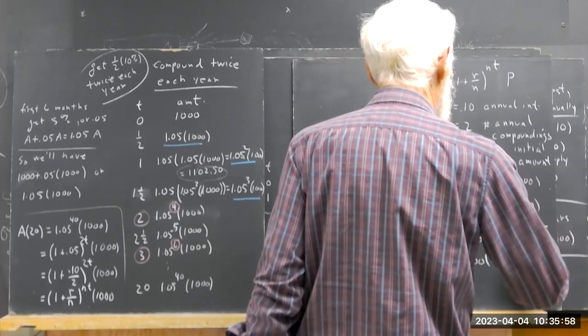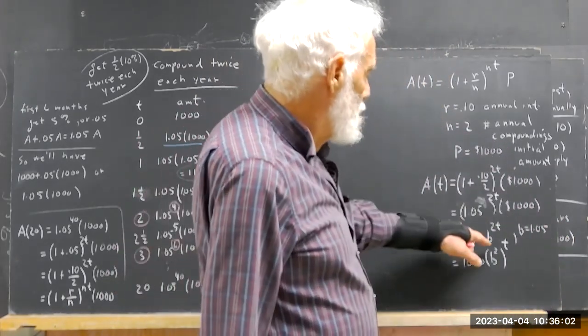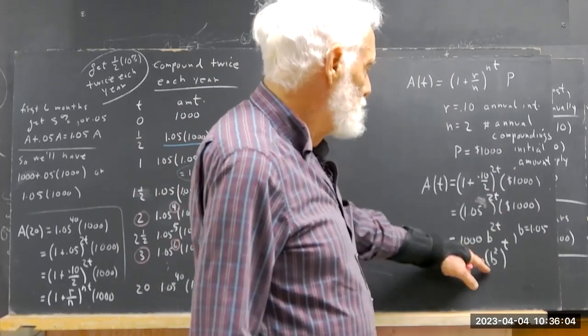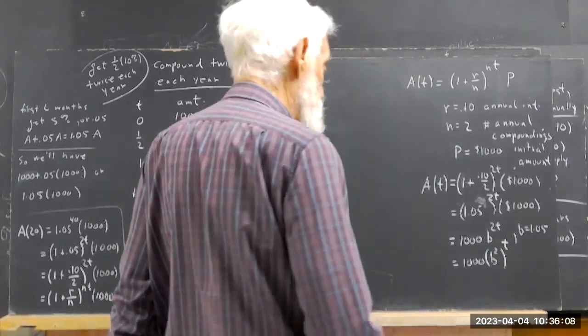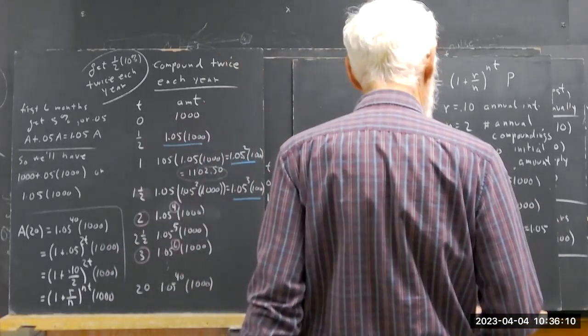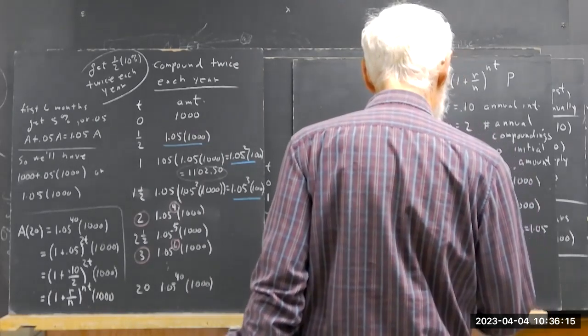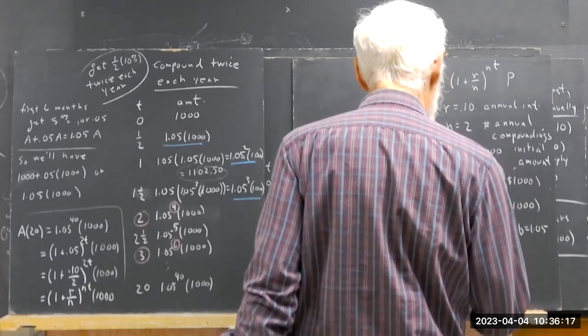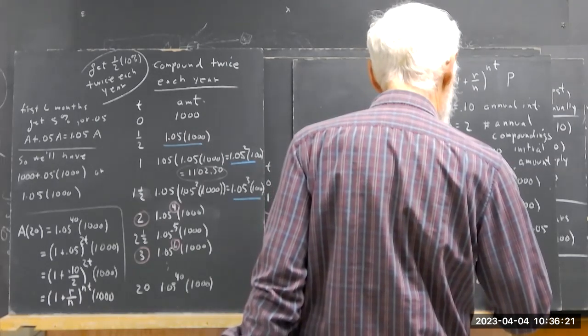B to the 2t is the same as b squared to the t, and rules for exponents kind of go forward and backward.